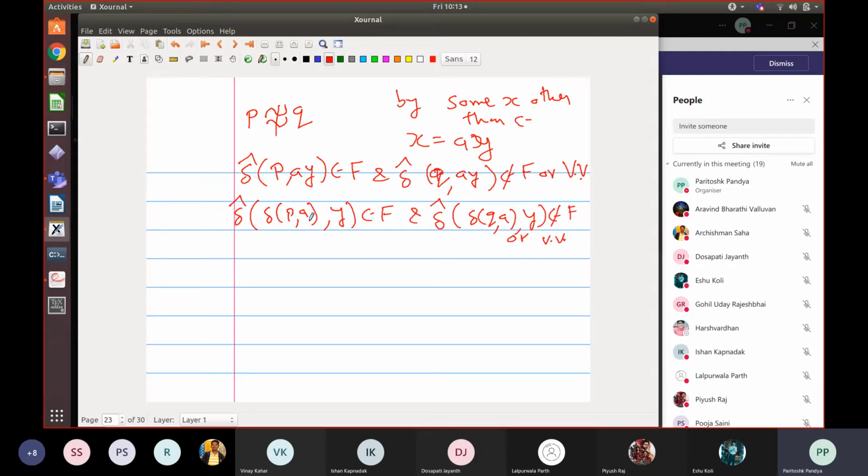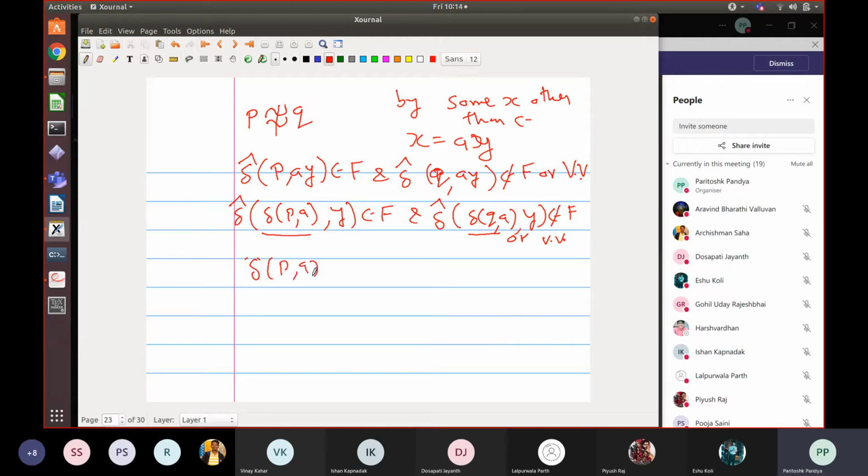So we have these two states, delta of PA and delta of QA, which are not equivalent. It's just a single letter, so we don't need a hat.